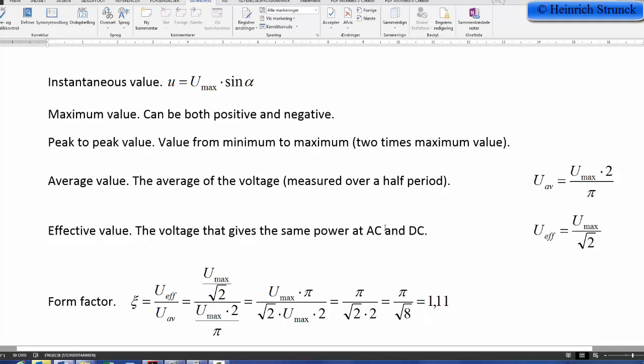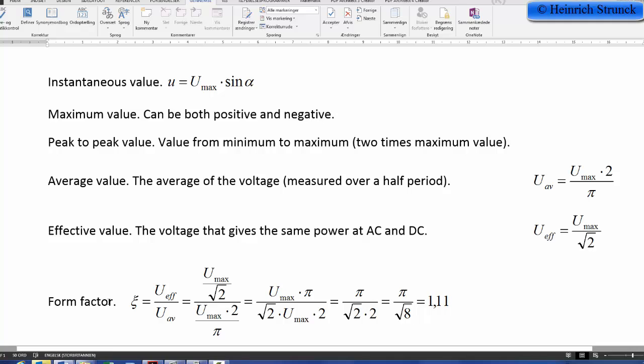And if we connect the same resistor to 230 volt AC, and 230 volt is an effective value, then the power that is consumed in the resistor is the same. It doesn't matter if we connect it to DC or AC. So we have the formula that the effective value is the maximum value divided by the square root of 2. And we also try to find out if this formula is correct.